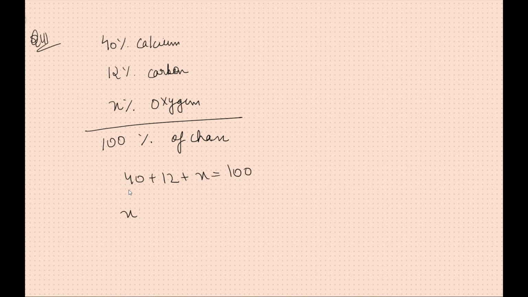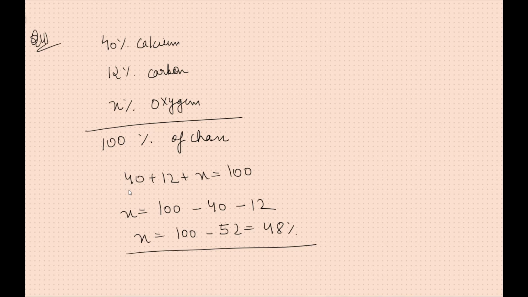So X will be equal to 100 minus 40 minus 12. So X equals 100 minus 52. So this will be 48%. So chalk contains 48% of oxygen. Okay, so we have 8 kg of chalk.